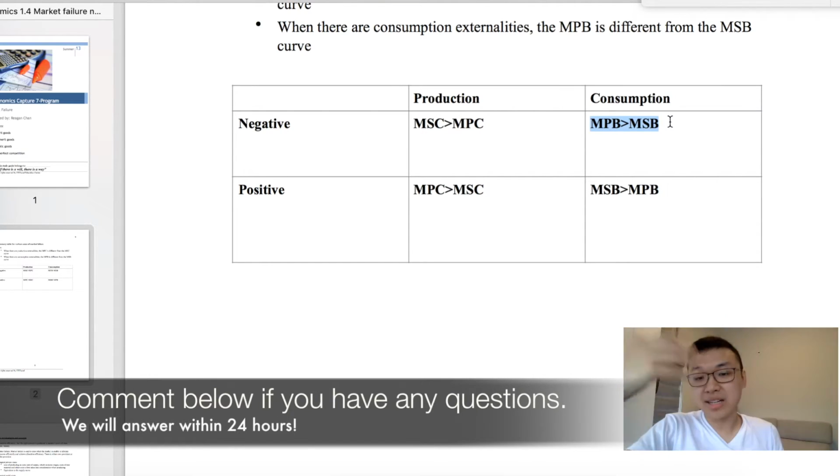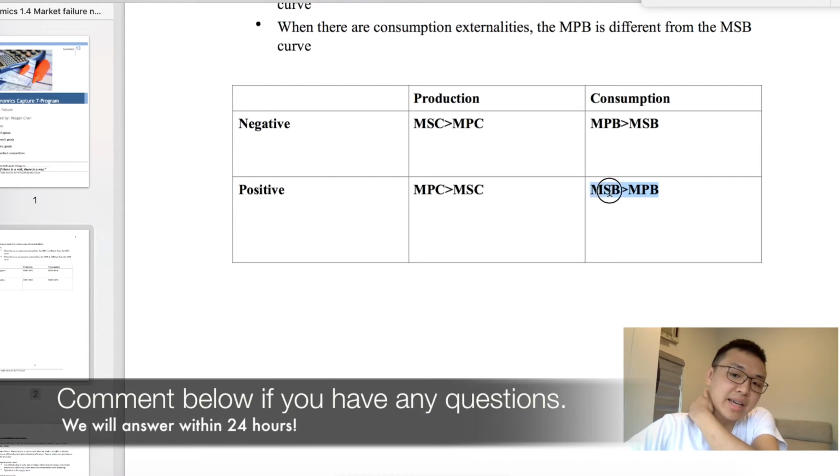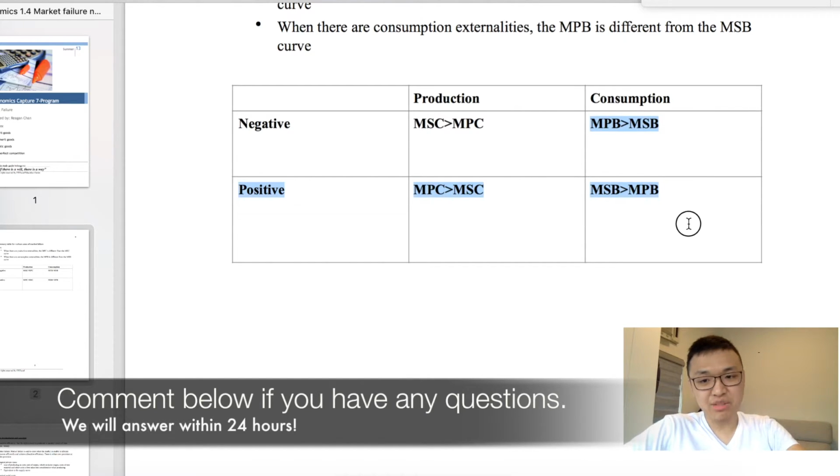So for example, if there's secondhand smoking, the social benefit will be less than the private benefit, right? And then if it's positive, let's say education, it benefits the society. So that's why the social benefit exceeds the private benefit. Okay, so for consumption externality, you pretty much just need to remember this.